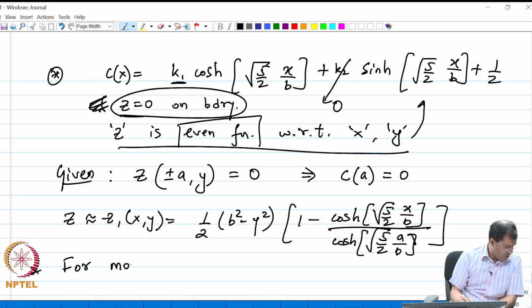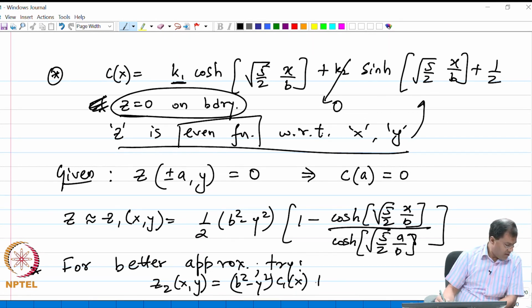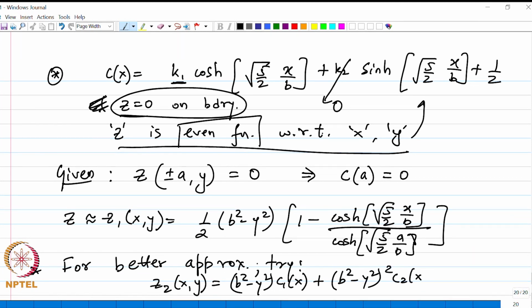So, for better approximation, we could possibly try this form of the approximate function: b square minus y square times c1 of x plus b square minus y square whole square times c2 of x, right. So, this is for a better approximation.